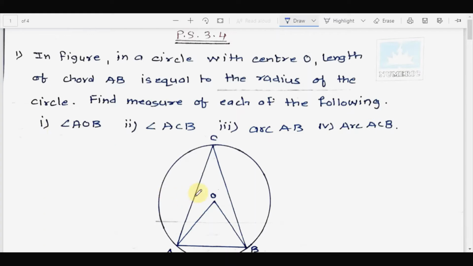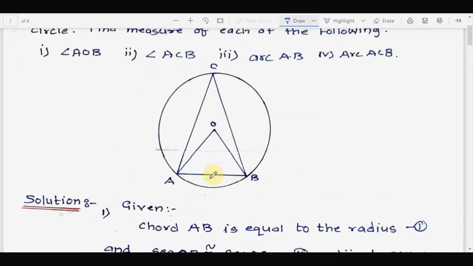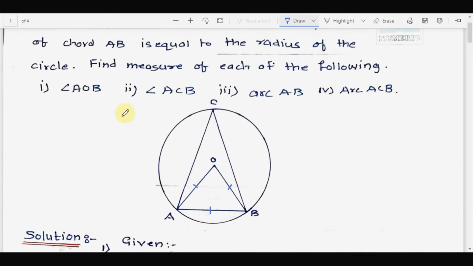Here, the length of chord AB is equal to AO, which is equal to OB. So the chord and the radii are equal. You have to find angle AOB, angle ACB, arc AB and arc ACB.